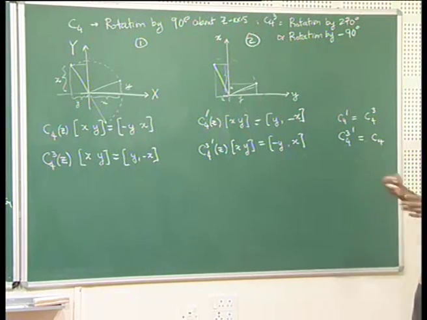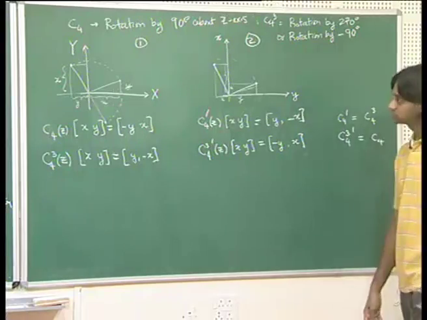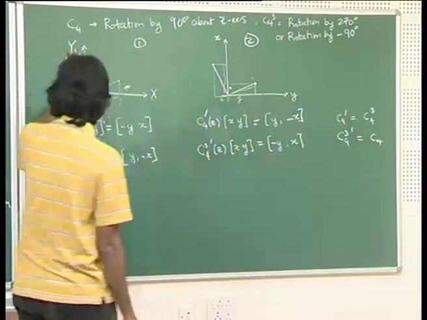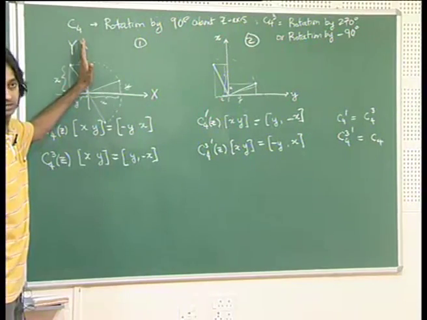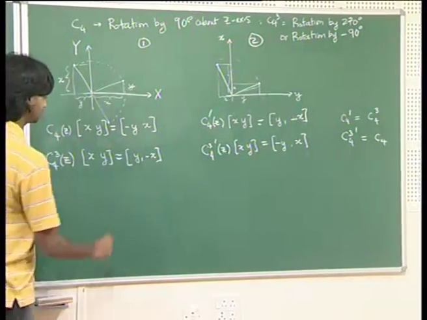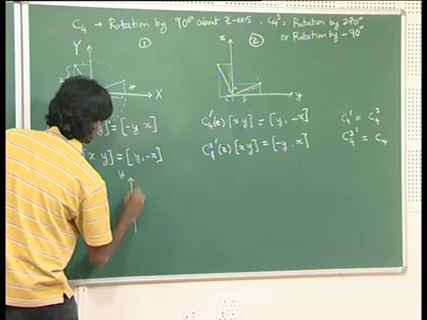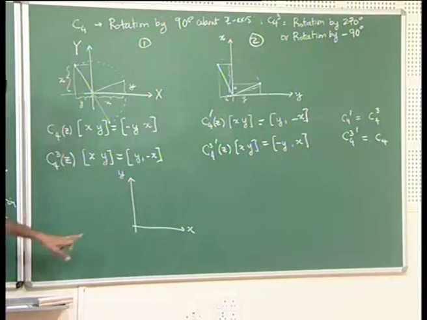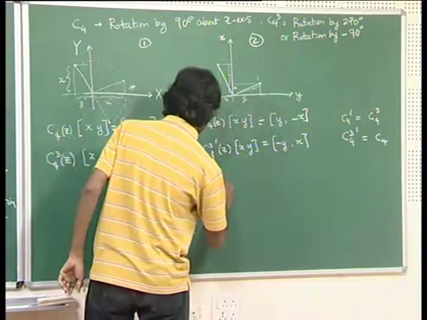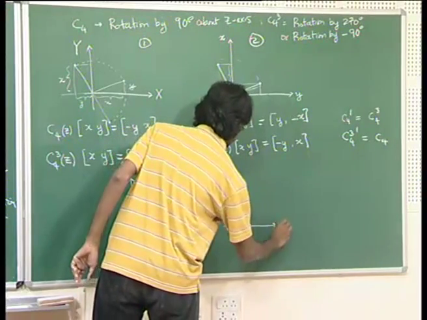So, what is the symmetry operation that takes this coordinate system onto this? In other words, what is the symmetry operation that takes y from here to here and takes x from here to here? And you can see it very easily. So, if you had this as your y and this as your x, now you want a symmetry operation that leads to x here and y here.